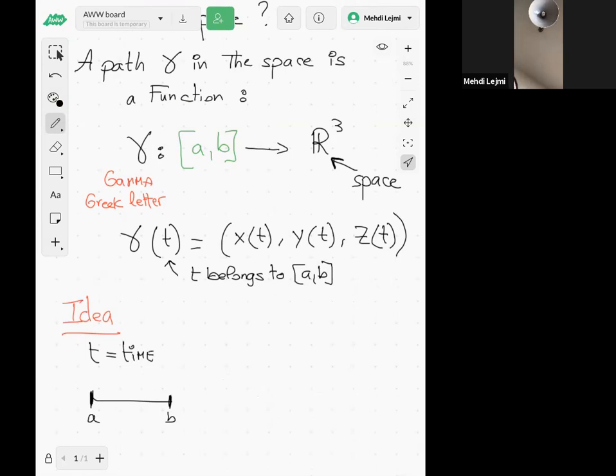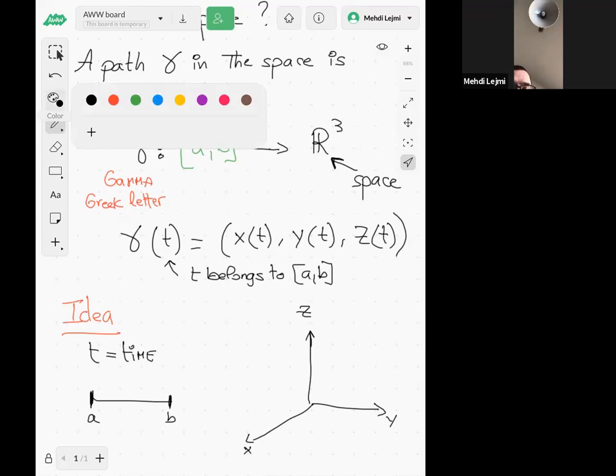And here we have this function gamma. It goes from this interval AB to the space. So here's my space, this is my x-axis, y-axis, and z-axis. The idea is, for each time t, you associate a point in the space. So let's say here t is equal to a.